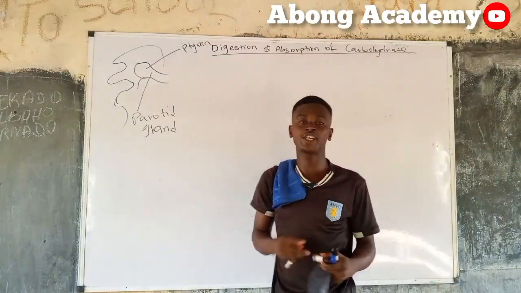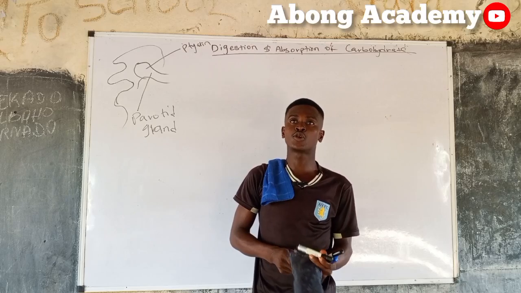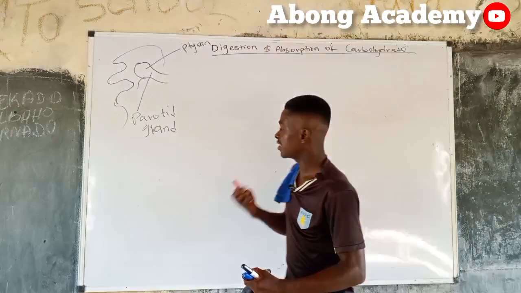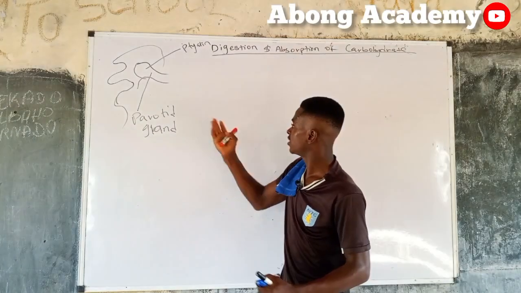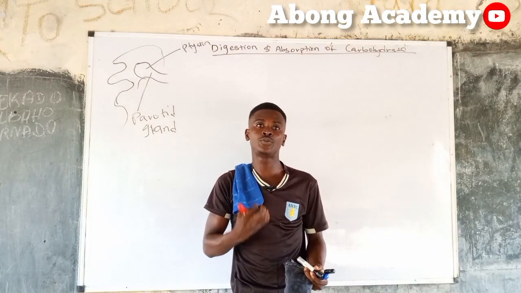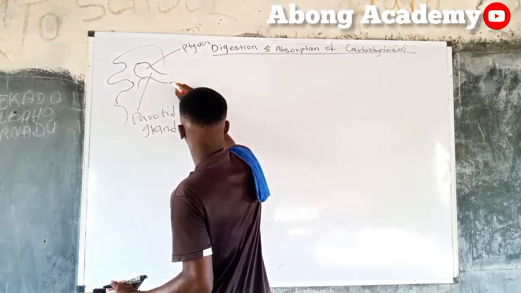This ptyalin helps in the lubrication and solubility of the dietary carbohydrate that is being taken, let's say a piece of yam. Now it begins in the mouth.